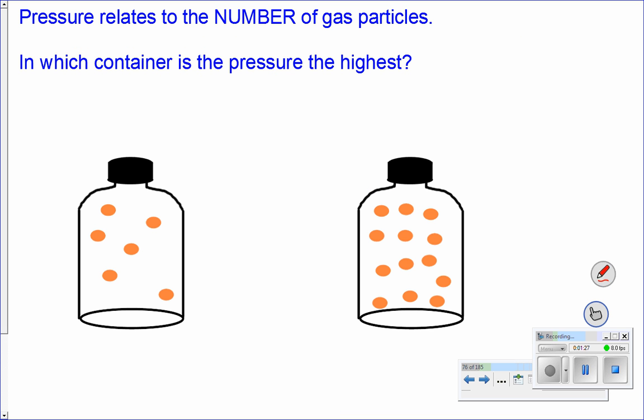So pressure relates to the number of gas particles in a sample. If you look at these two diagrams that I have right here, the pressure will be higher in the container that has more molecules. So the more gaseous molecules you have, the higher the pressure.